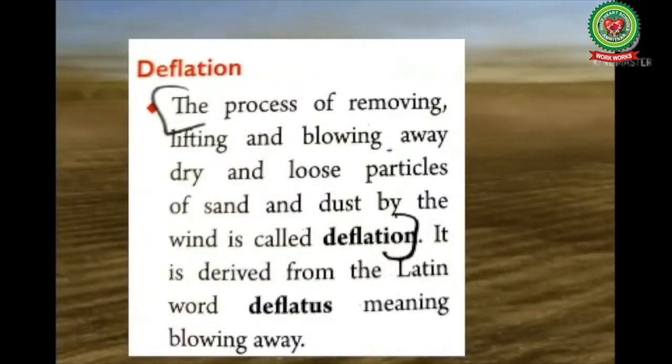Now the next one we have is deflation. The process of removing, lifting and blowing away dry and loose particles of sand and dust by the wind is called deflation. It is derived from the word deflatus, meaning blowing away. And this whole process we have already discussed before.